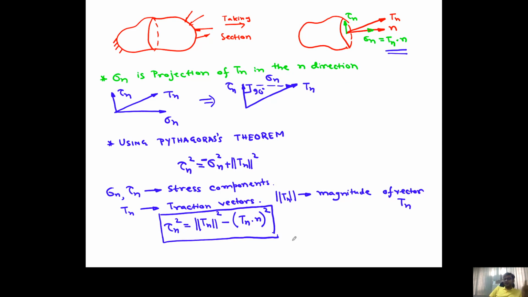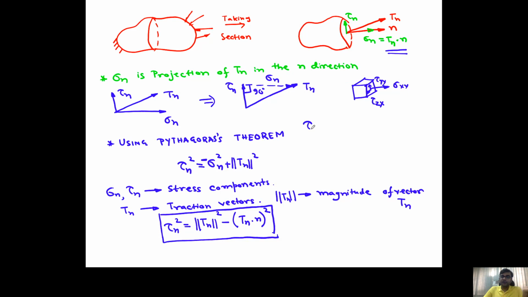Now there is one question that may come into your mind. Remember that when we were drawing the cube, there was one normal component, say sigma xx, and there were two shear components, right? Tau yx and tau zx. So there were two shear components. But on this plane, I have shown only one shear component.